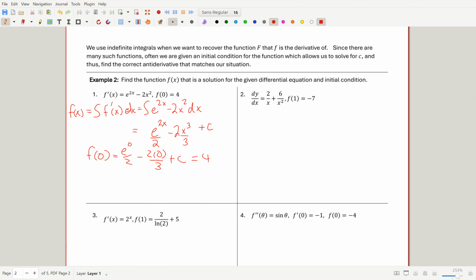And that's super easy because e to the 0 over 2 is 1/2. 2 times 0 divided by 3 is 0, so I'm just going to zero it. 1/2 plus C equals 4. So C equals 3.5.